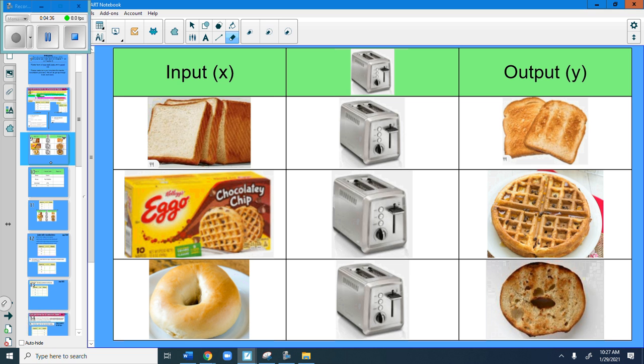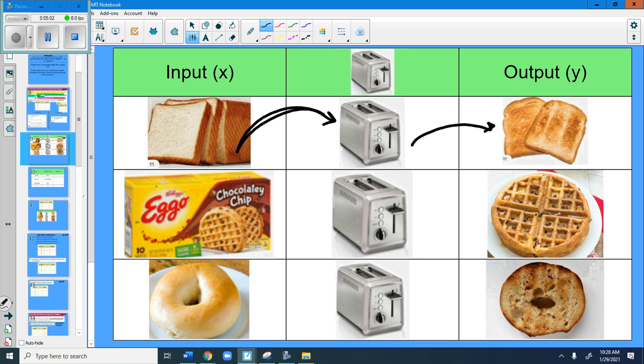So connect this with, if you put bread into a toaster, what is your output? It's toast. Now, that is your dependent variable. It depends, because if you put bread in the microwave, are you going to get toast? You're going to get a warm, maybe soggy piece of bread. Do you see how the output is dependent?